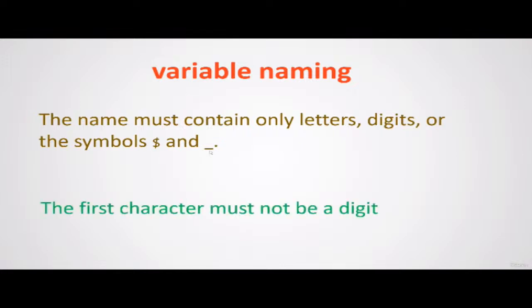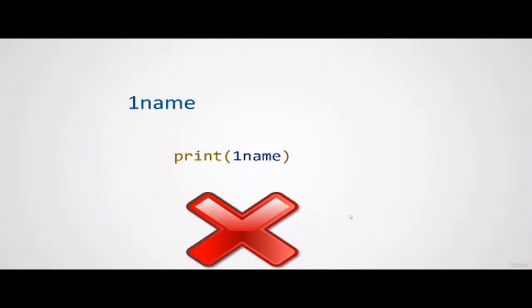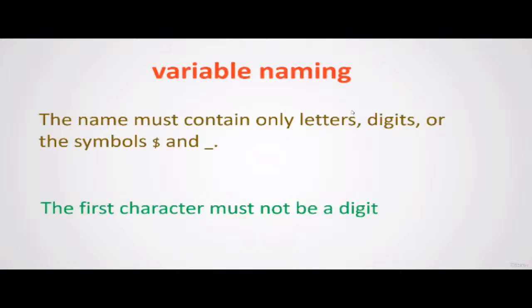Another very important rule is that the first character of the variable name must not be a digit. Say you have a variable whose name starts with a digit. This is an invalid name because the first character of the variable name must not be a digit.